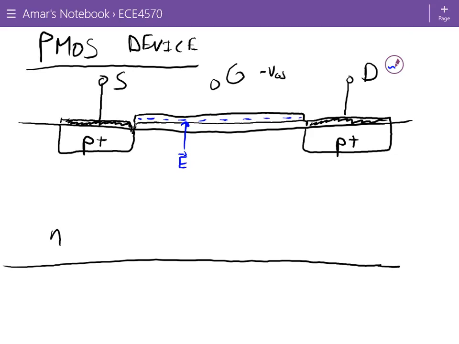Okay, it pushes the electrons away, and it pulls the holes in. As a result of that, two things happen. When you move the electrons away, you're left with the depletion region. What is that depletion region composed of?